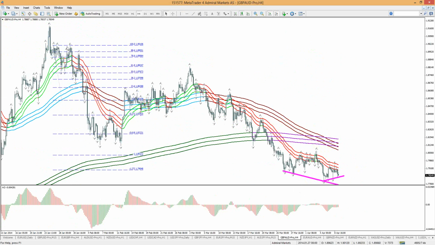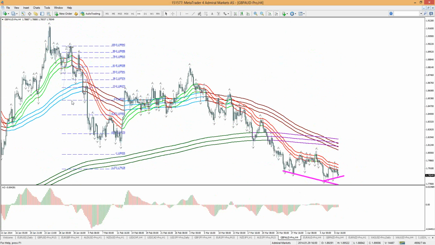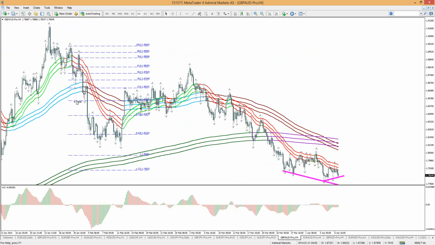Fib bounce to target. And fib bounce to target right there.